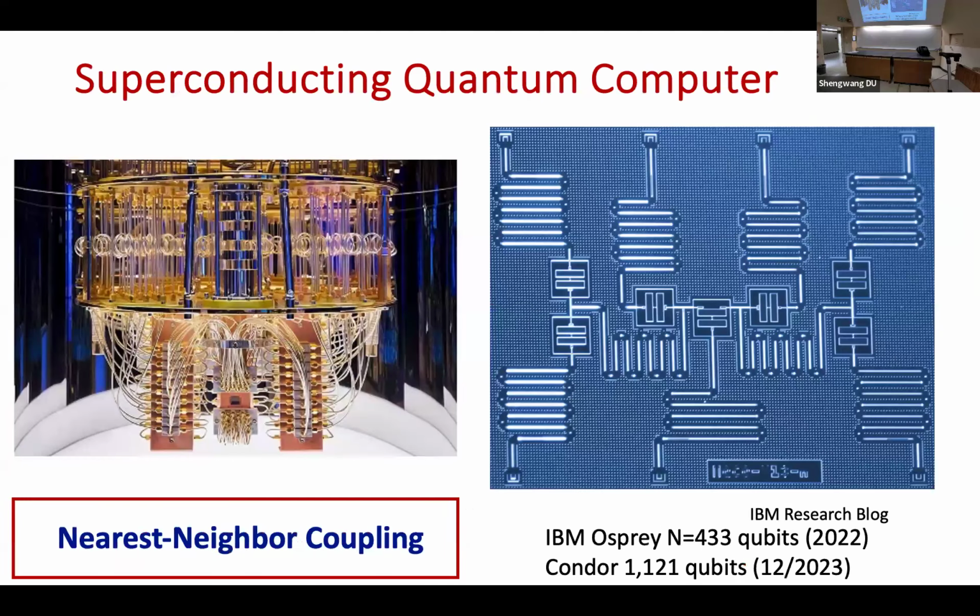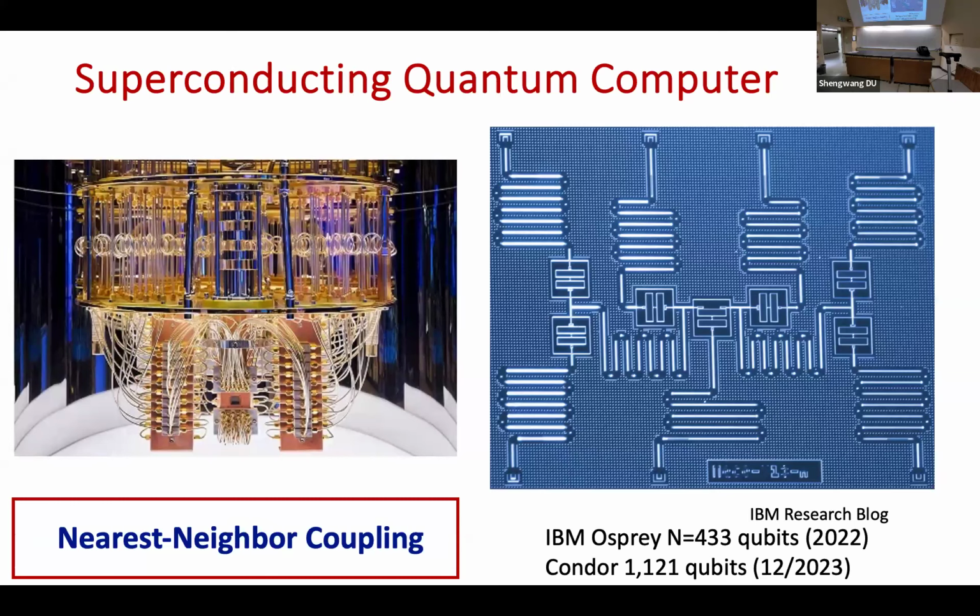Look at the superconductor quantum computer with about 1,000 qubits. In the physical realm, this is the layout of the qubits. For example, this is 1, 2, 3, 4, 5, and you'll see each qubit can only connect to nearby ones. That is called nearby coupling. You can only talk to the qubits nearby, so in the 1,000 qubits, you cannot go directly from here to there.